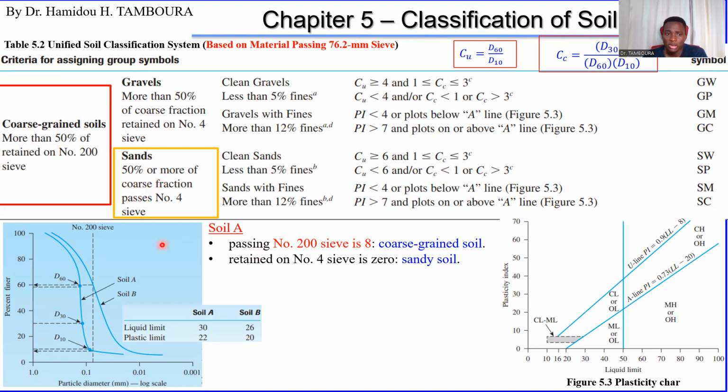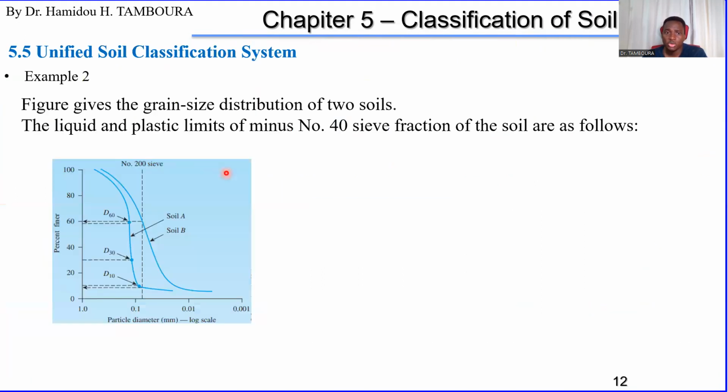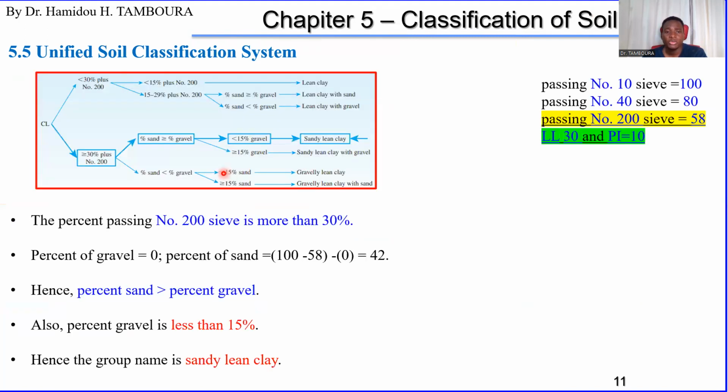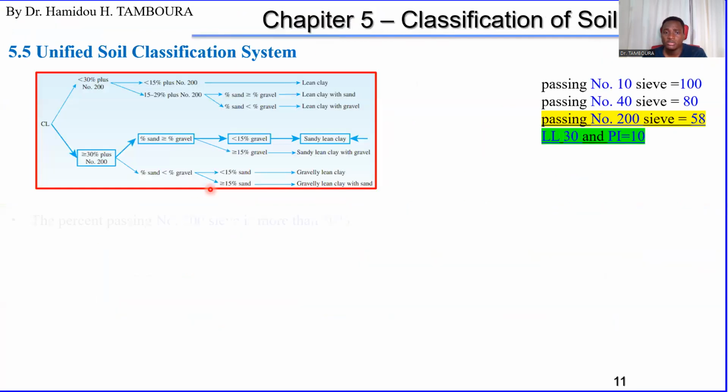For sieve number 200, it's 0.075, which is here. For sieve number 4, which is for gravel, it is this one, 4.75.